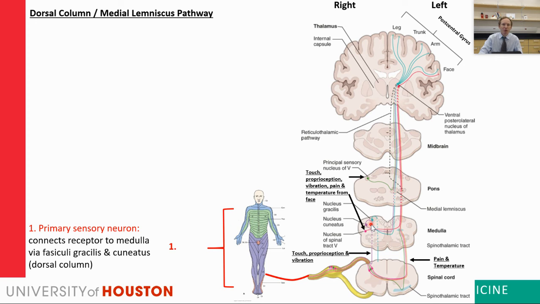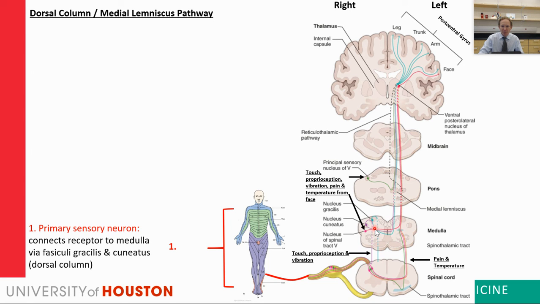The way I keep them apart is by imagining dancing, where you need graceful leg movement carried by the gracile fasciculus. In the medulla, a brainstem structure, the gracile fasciculus terminates in the nucleus gracilis, and the cuneate fasciculus terminates in the nucleus cuneatus. This is easy to remember.